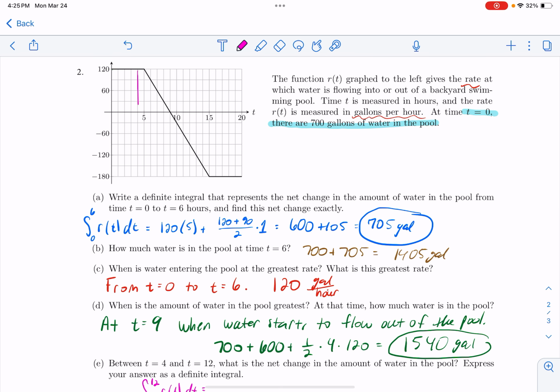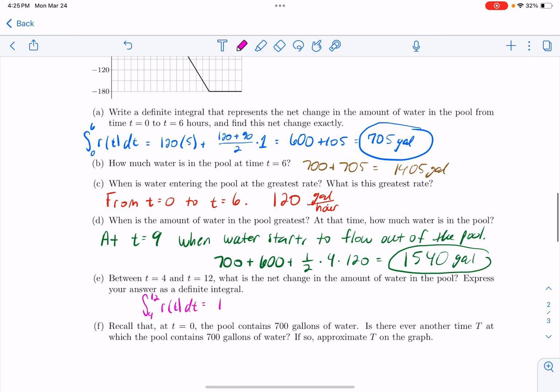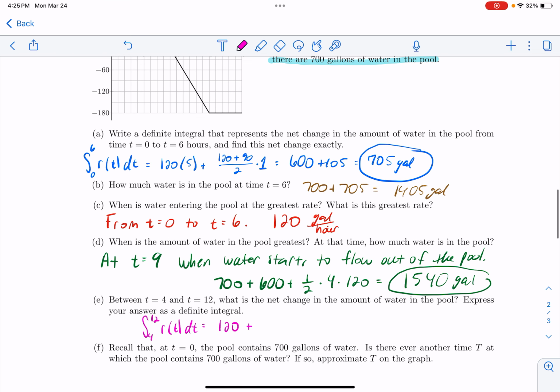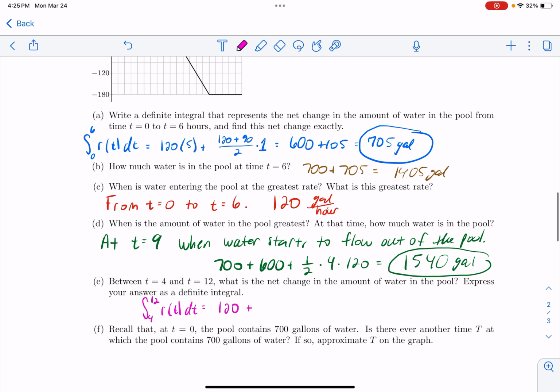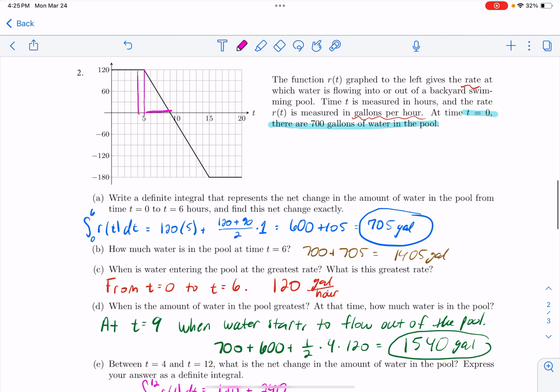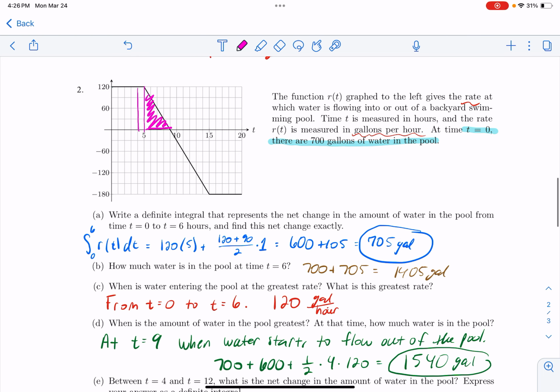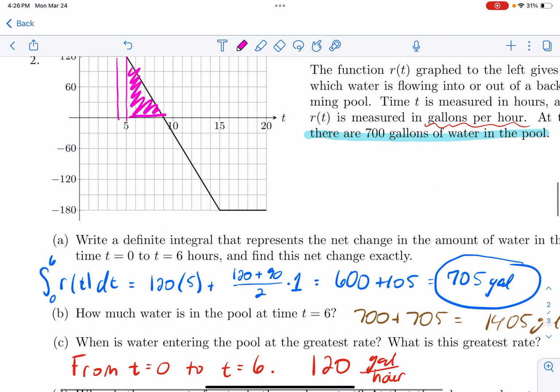So from 4 to 12, let's see, this area here is going to be 120 times 1. So 120 times 1 is just 120. Plus, we said that next area is 1/2 times 4 times 120, which is 240. So 240 is this area right here. That's the area of a triangle. Minus, it's going to be minus because area underneath the curve is going to be negative.